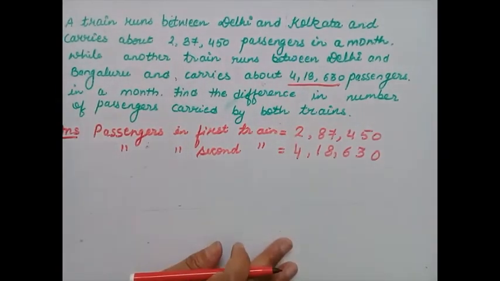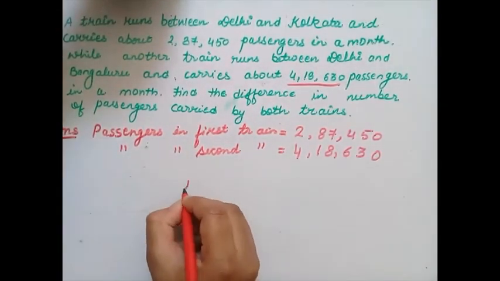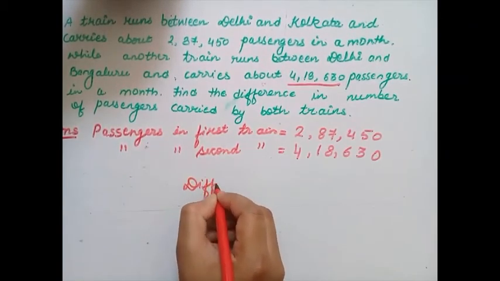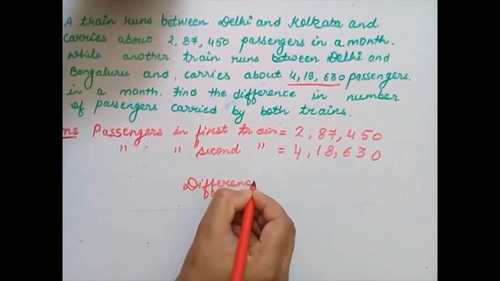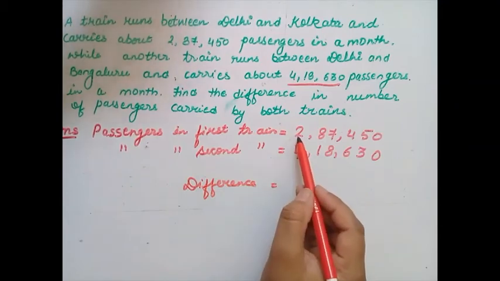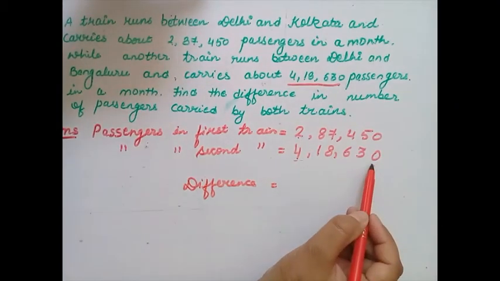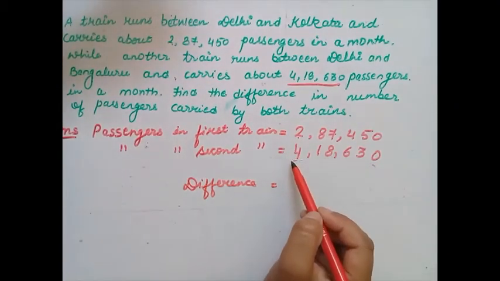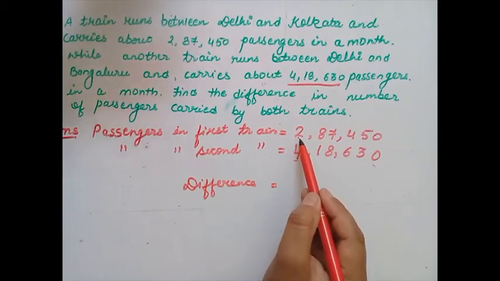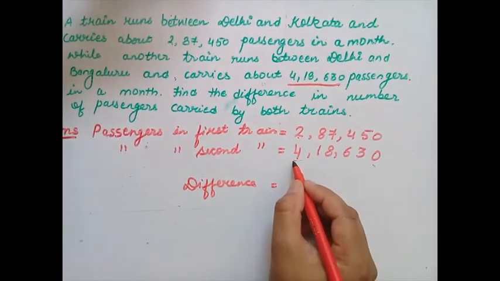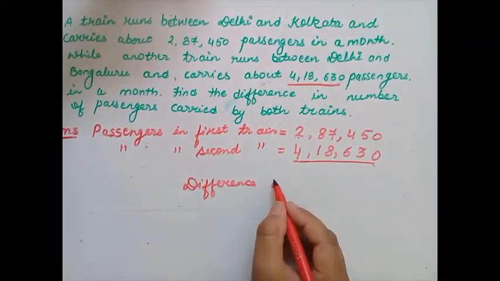Okay, and we have to find their difference. So note down here, difference. But it's a small number, it's a big number. So a big number cannot be subtracted from a small number. So we will write this number above.